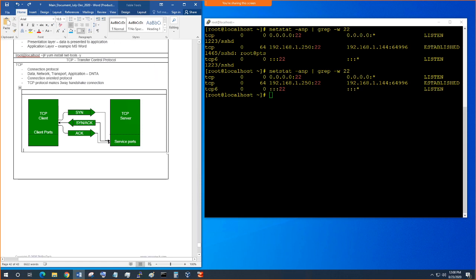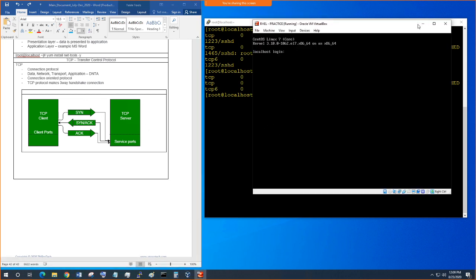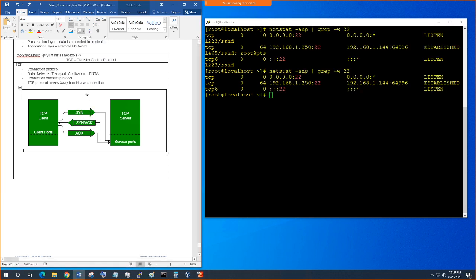Okay, this is a good picture. This is a TCP protocol connection. Right now, this is the connection between our PuTTY and this virtual box. I'll explain how PuTTY works. TCP makes a three-way handshake connection.